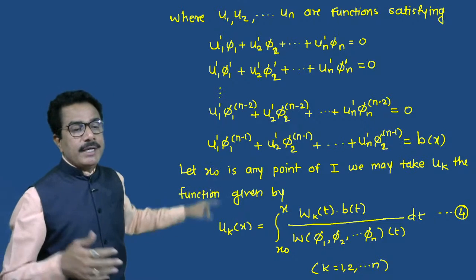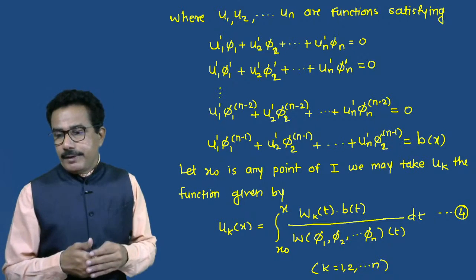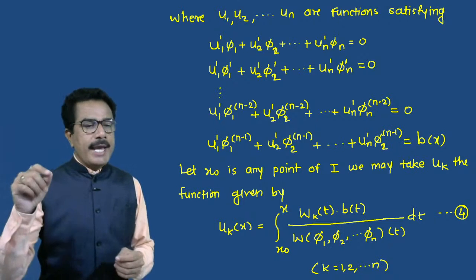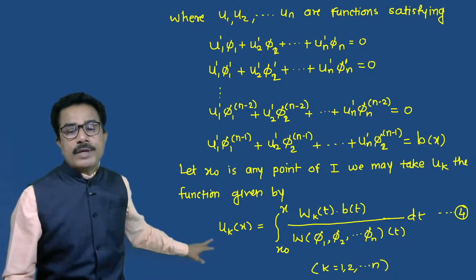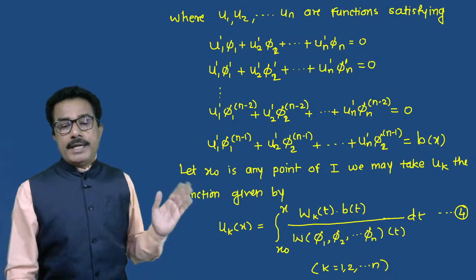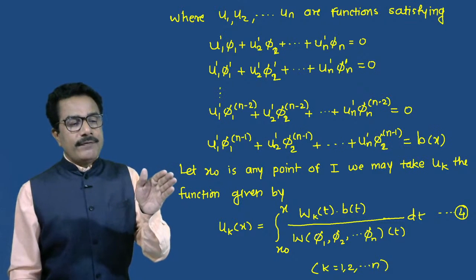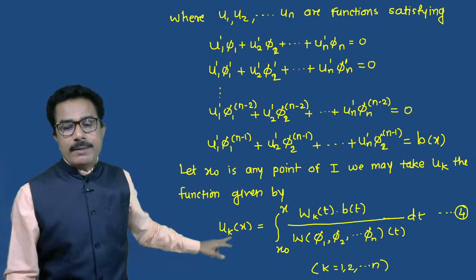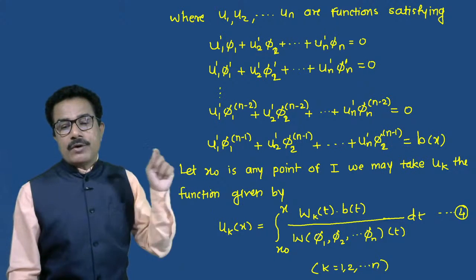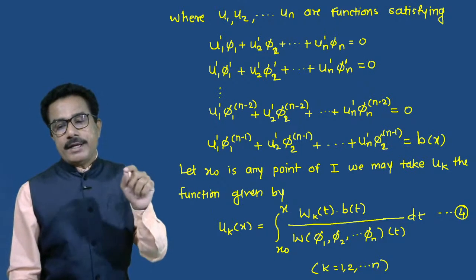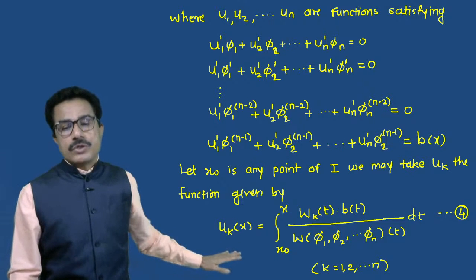Let x naught be a point on I, then we may take uk of x equal to the integral from x0 to x of Wk of t into b of t divided by the Wronskian of phi 1, phi 2, ..., phi n of t, where k is equal to 1 to n.